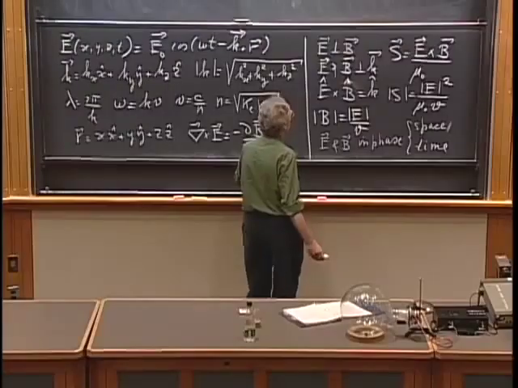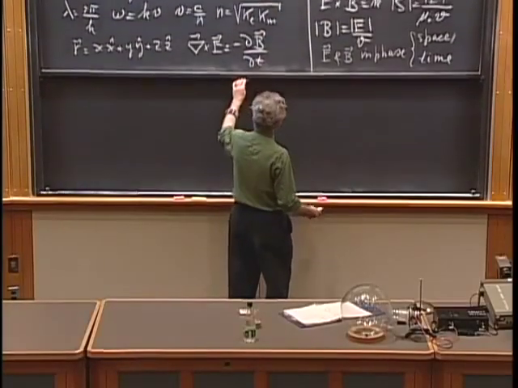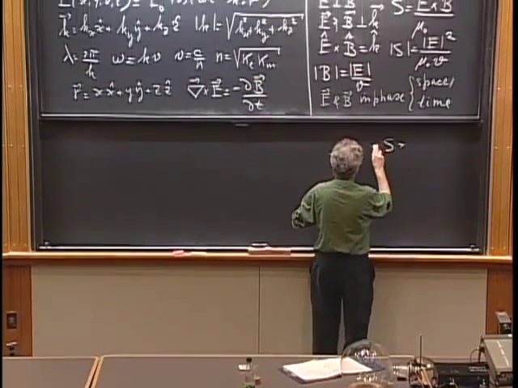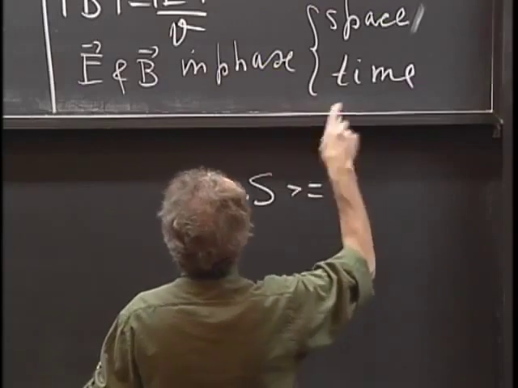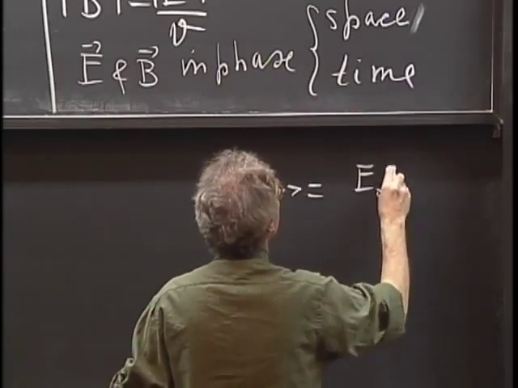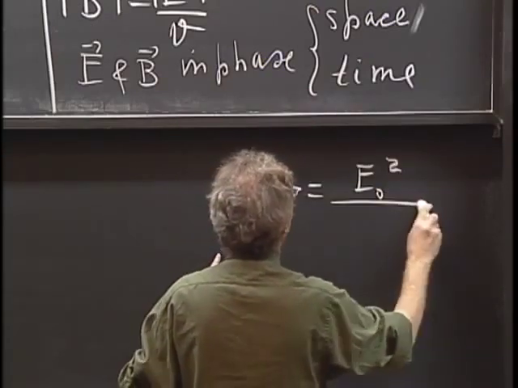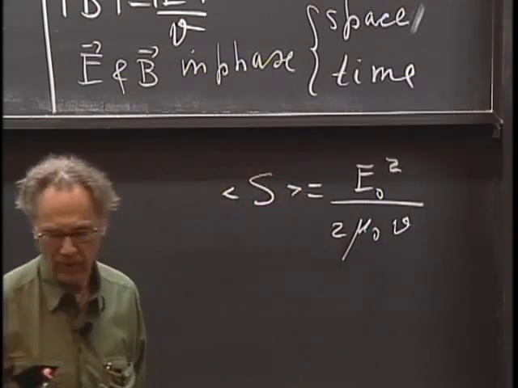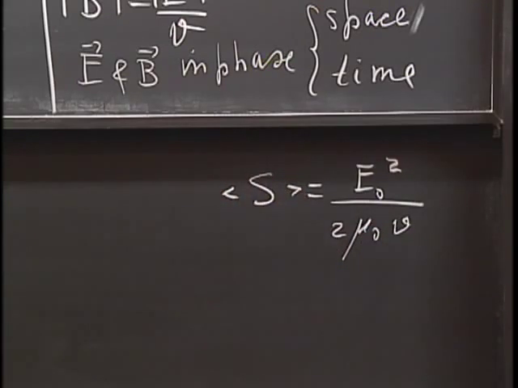And so you can also write down then that S time averaged would then be E0 squared, this is now the amplitude, divided by 2 mu 0 times v. And the 2 comes from the fact that the average value of cosine square omega t equals 1/2. And this is then in watts per square meter. So that's the traveling wave.